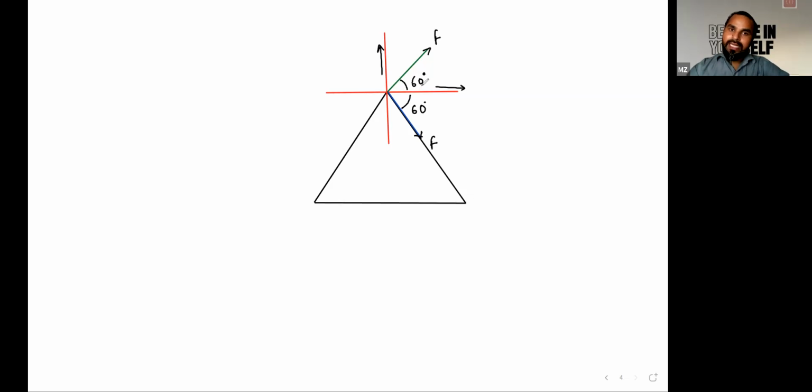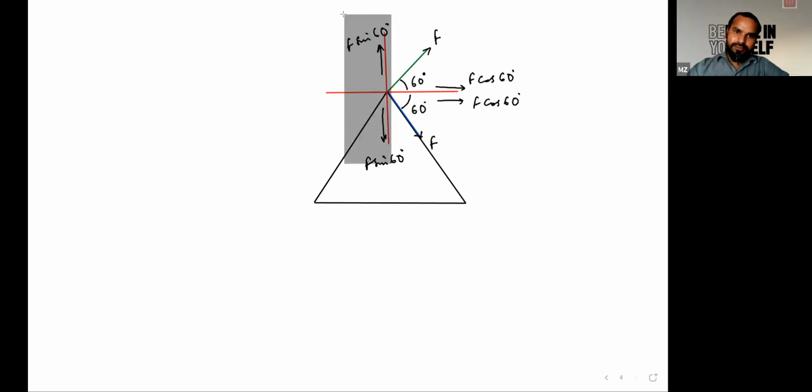If a vector is inclined at theta, its horizontal component becomes F times cos theta, and the vertical component becomes F times sin theta. Similarly for this component, it will become F cos theta, and the other component along this direction will become F sin theta. Now, these two terms are equal in magnitude and opposite in direction, so the resultant would be nothing but 0.